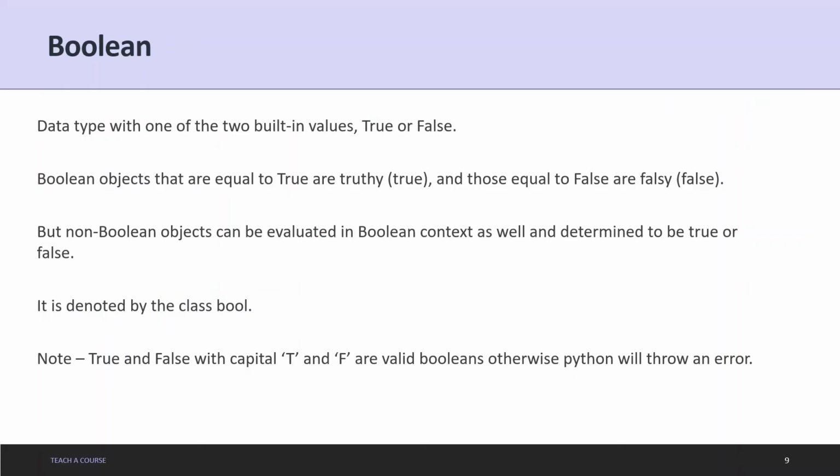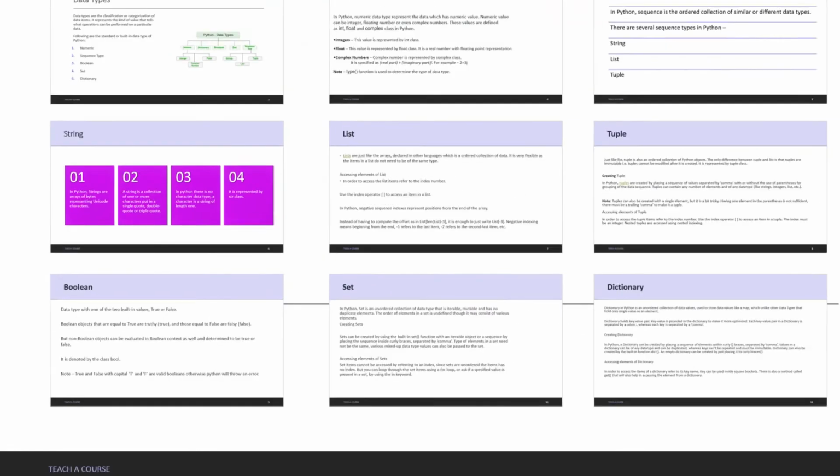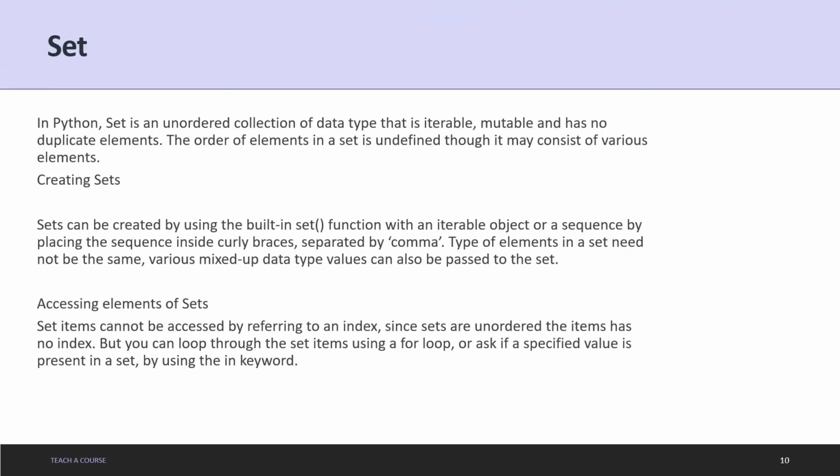Next one is set. In Python, a set is an unordered collection data type that is iterable, mutable, and has no duplicate elements. The order of elements in a set is undefined, though it may consist of various elements.